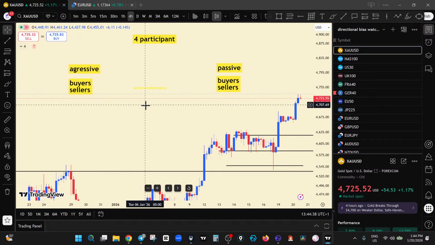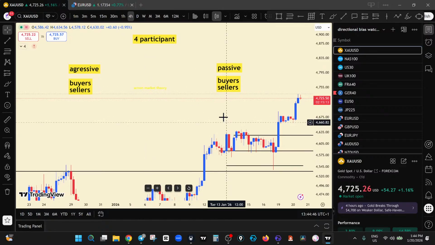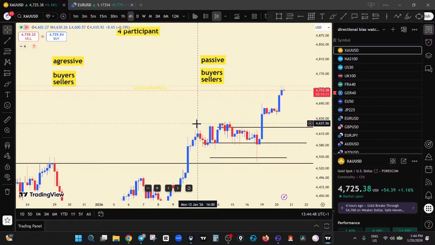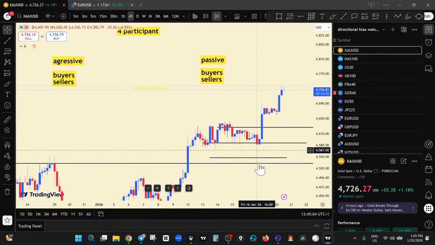These are the key things you have to have in your mind whenever you are analyzing the market. Who is in control? Is it the buyers? And if it is the buyers, are they aggressive? Because from there, you're going to learn concepts like absorption. People might be buying aggressively.